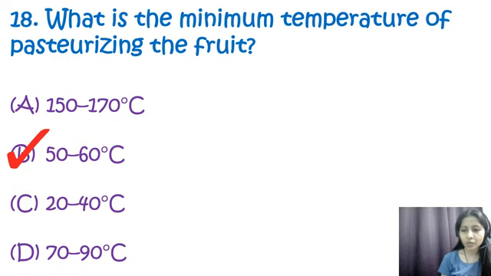But you should note that the exact temperature and time vary depending on the specific process, or the type of fruit juice which is being pasteurized. So over here the appropriate answer is 50 to 60 degrees Celsius. So next question.